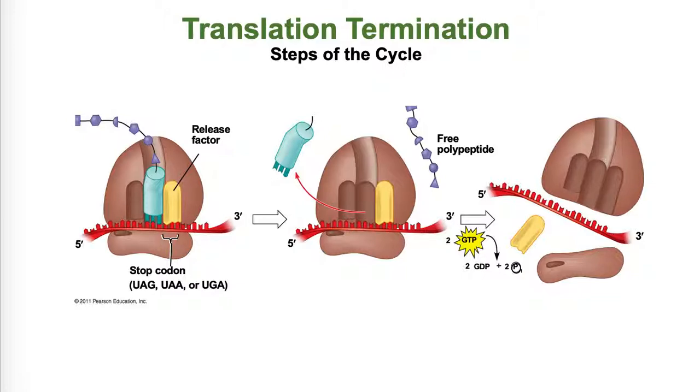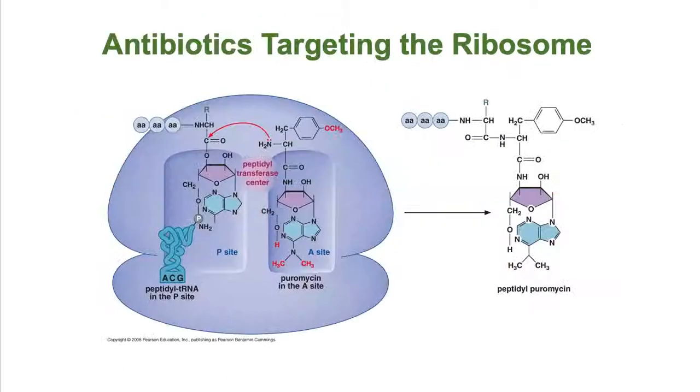So it essentially stops all translation, and that's an effective way of killing a cell if that's your goal. And so a lot of the drugs that we use interact with this point in the process.